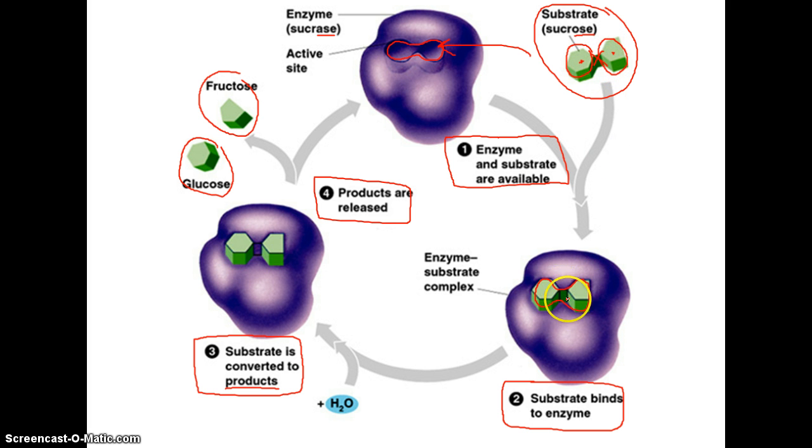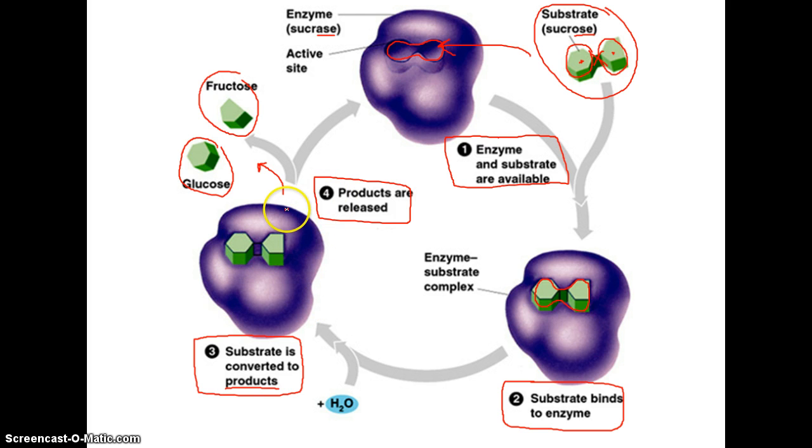Once they attached with their very specific enzyme at its active site, the enzyme was actually able to perform its job, to do what it was meant to do, and that is to break the glucose and the fructose apart from each other, so that when they are released in step 4, we now have 2 different ending materials, 2 different products than that which we started with. Okay? So we started with sucrose, a disaccharide, and we ended with glucose and fructose, 2 individual monosaccharides that were broken apart right here in step 3 by the action of this enzyme.